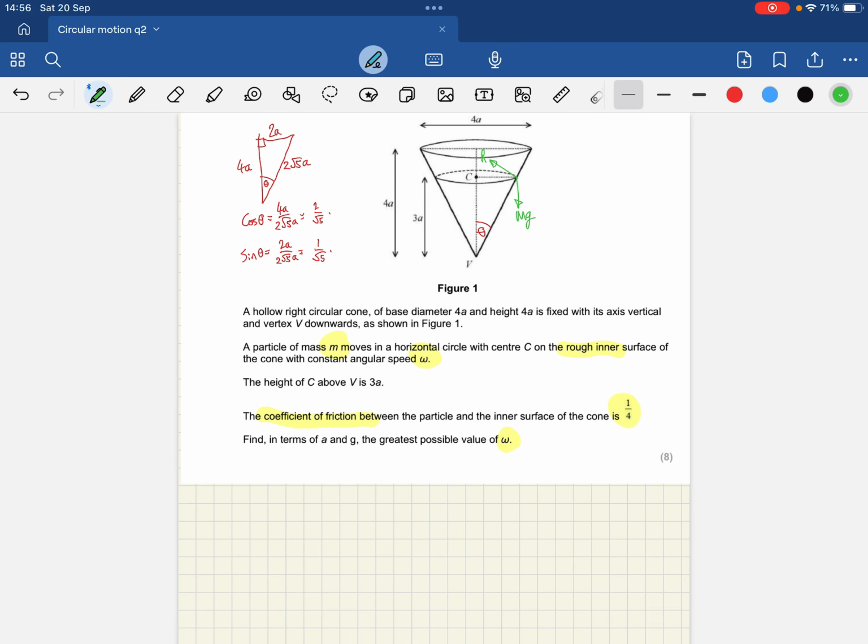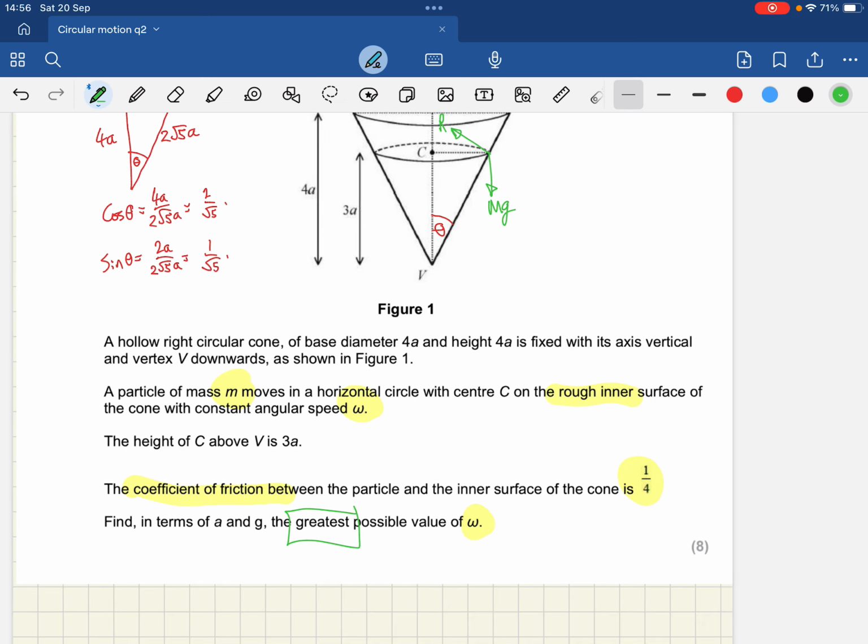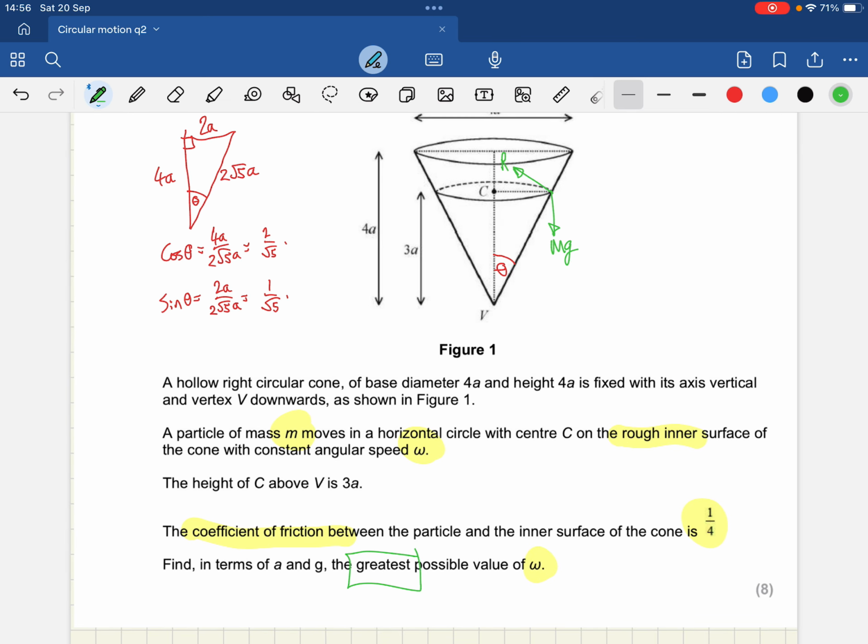We want to find the greatest possible value of omega. And this is very, very similar to the one before. The greatest value of omega means that the frictional force is going to be pointing diagonally down along the surface of the cone, trying to hold our particle into the cone.